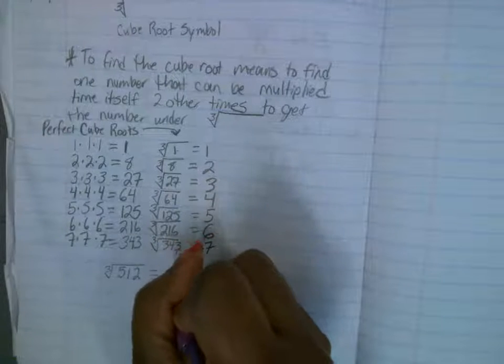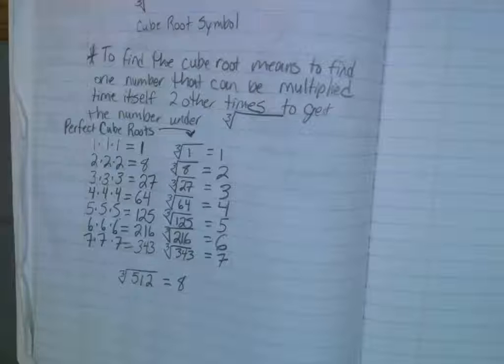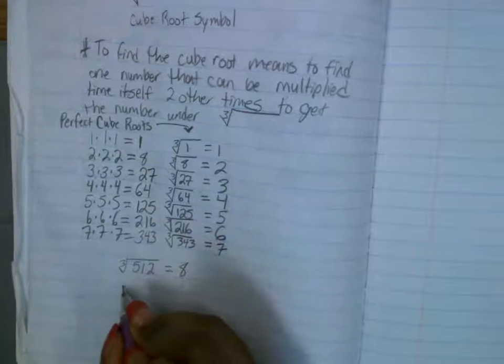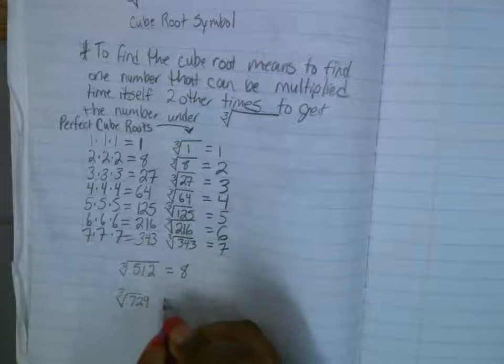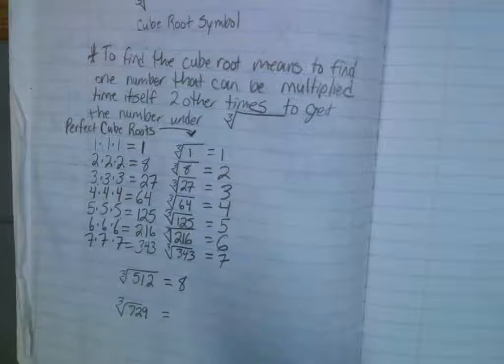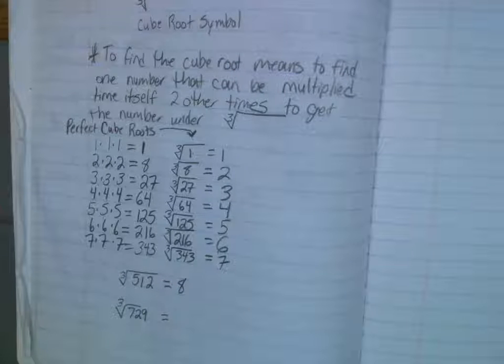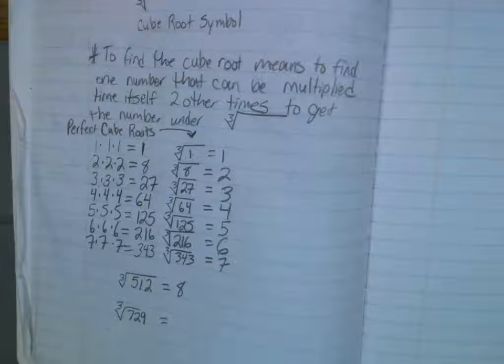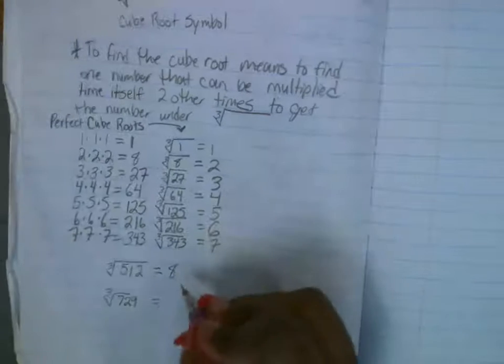It is 8. Okay. Let's do this one. The cube root of 729. What's the cube root of 729? Very good. It is 9.